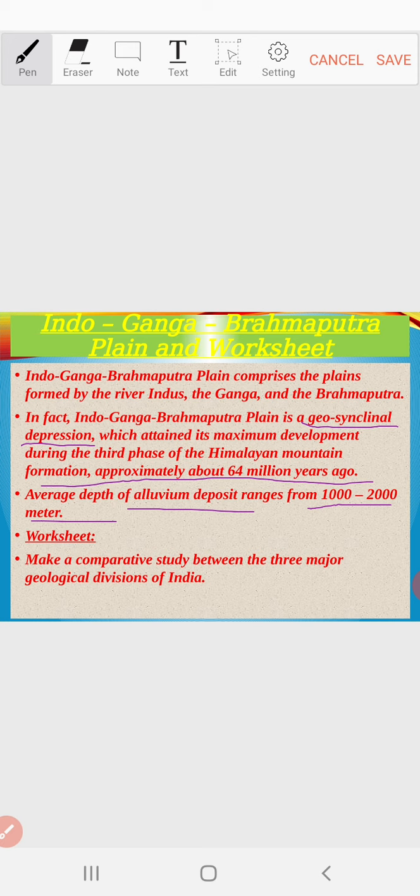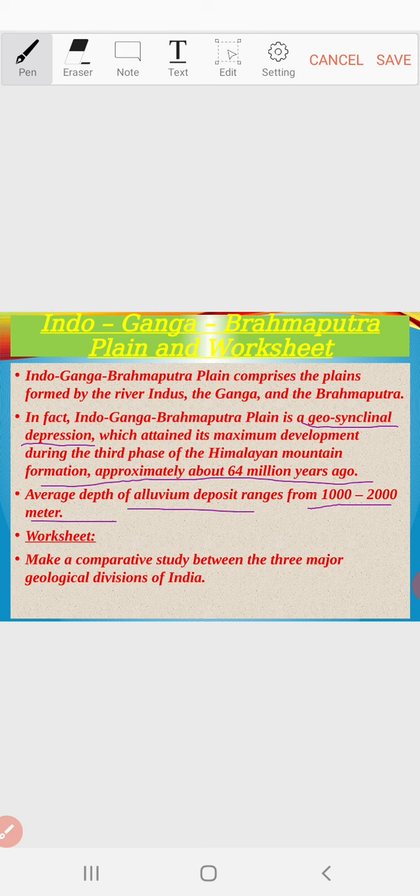Now this is related to the formation of the Indo-Ganga-Brahmaputra plain. So hopefully you understood the three main geological divisions that evolved due to the continuous interaction of two main forces, endogenic and exogenic, or in short, due to the interaction of three important cycles: first the tectonic cycle, second the hydrological cycle, and the third the rock cycle.